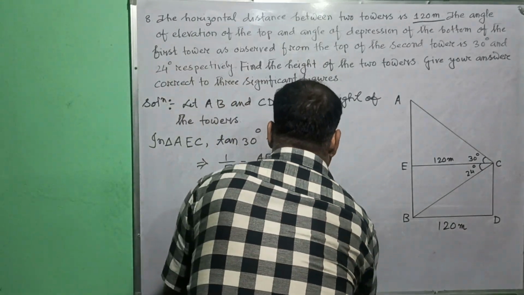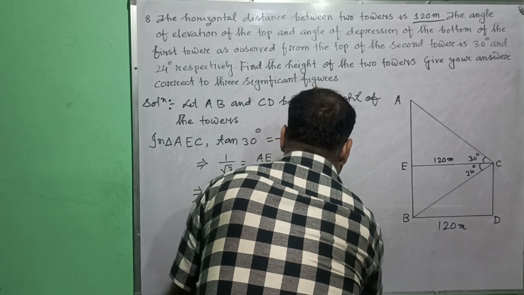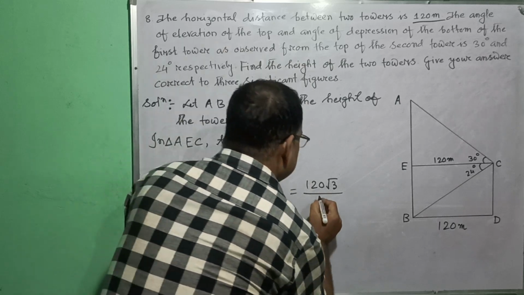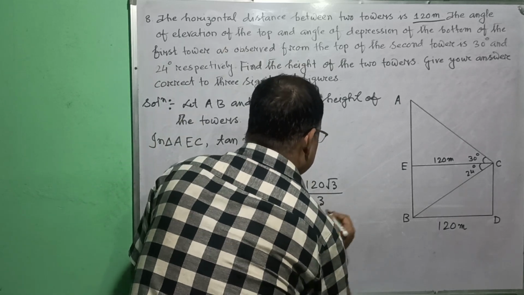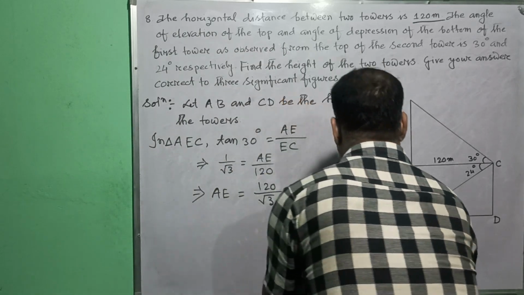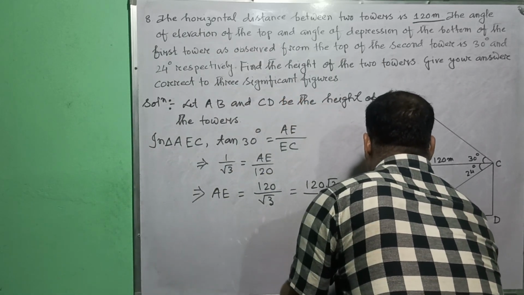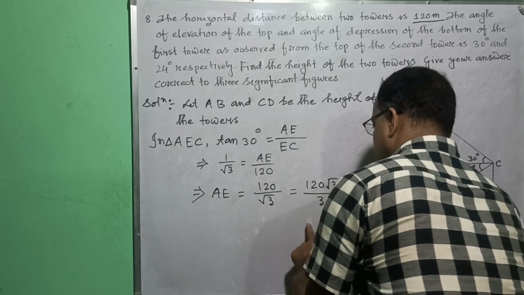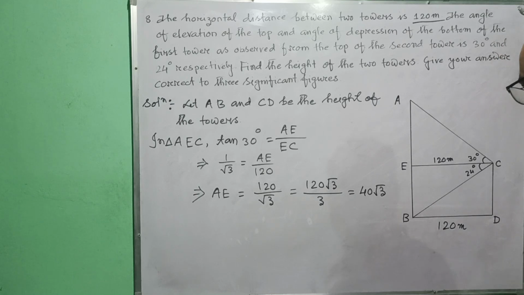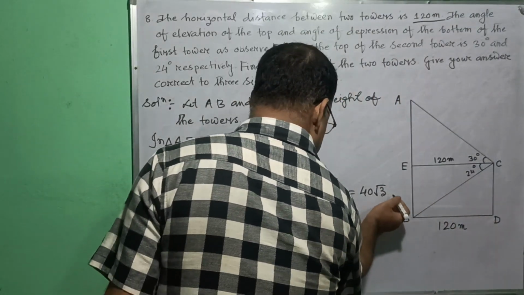So here will be 120 root 3 divided by 3, which is divisible. So here will be 40 root 3. So AE is 40 root 3.